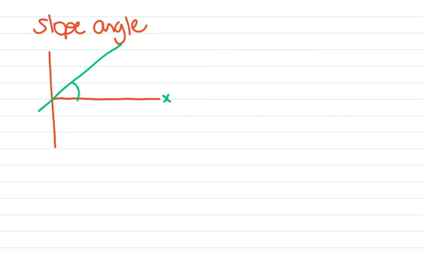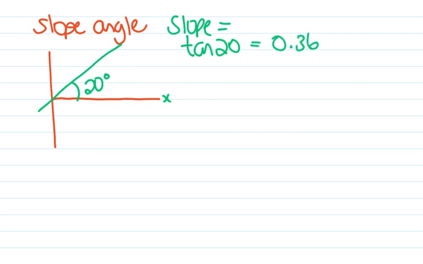So if the angle is 20 degrees, then the slope of this line equals tan 20. If you type tan 20 in your calculator, you would get 0.36. That means the slope of this line is 0.36, the green line here.